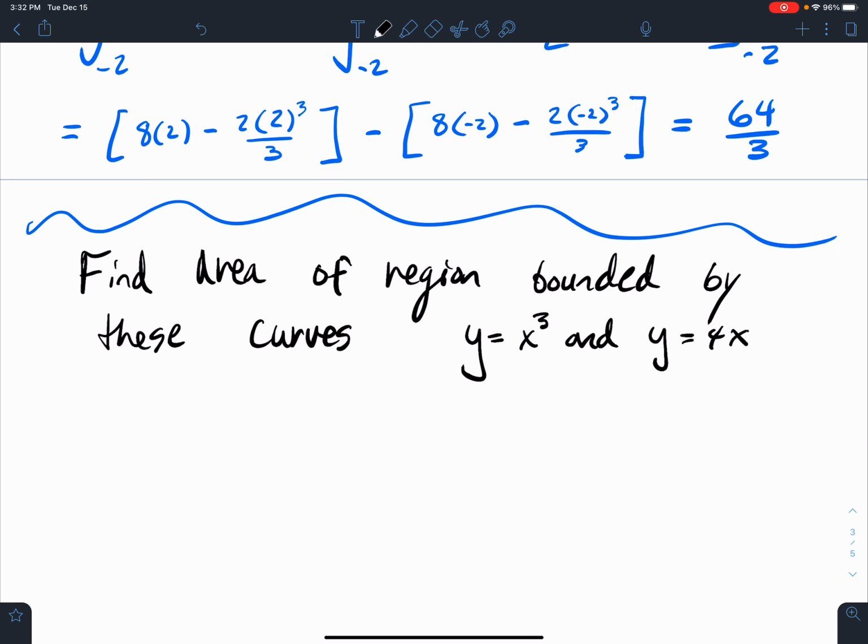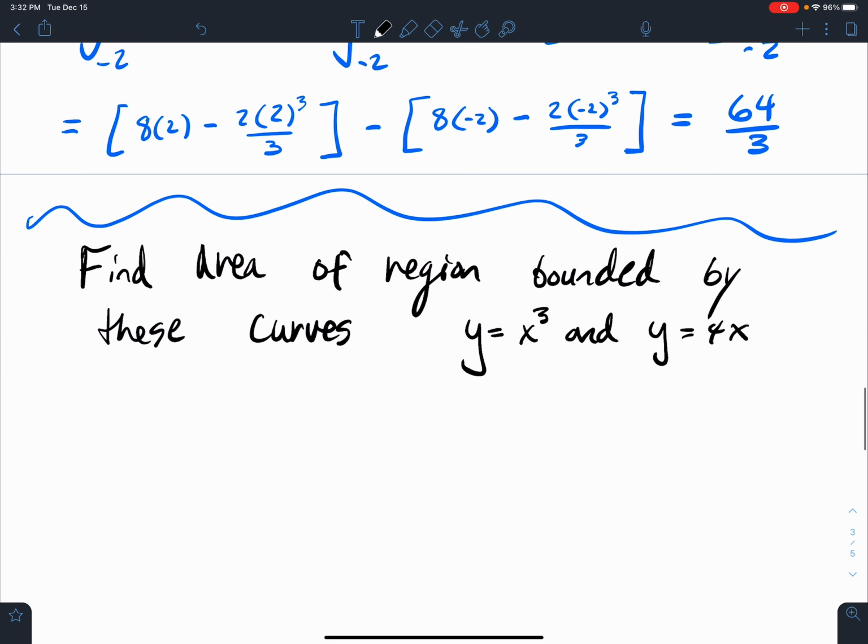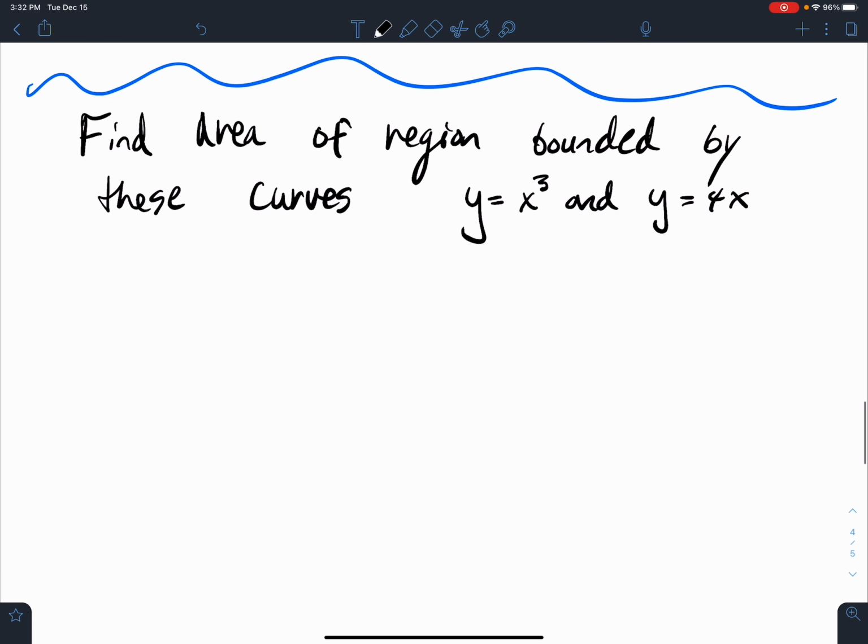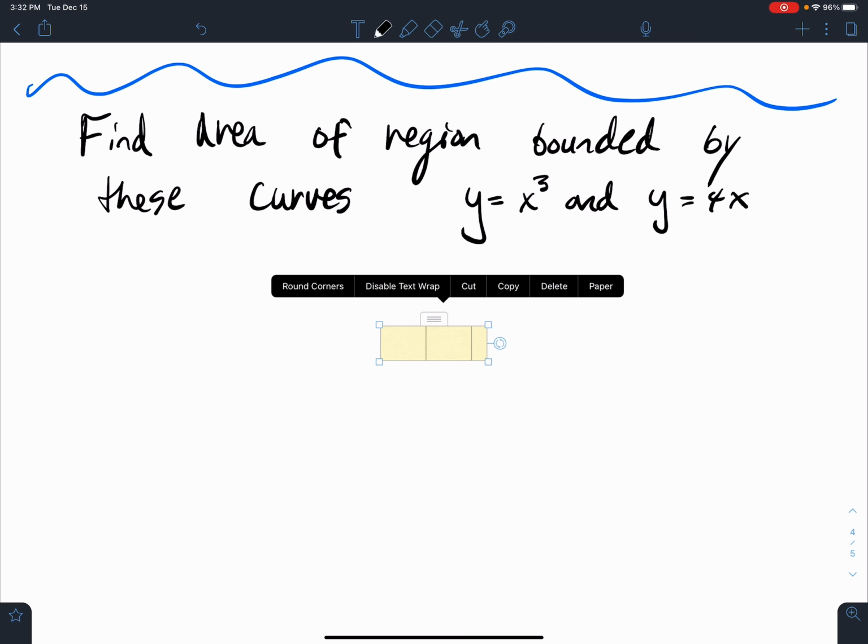Okay, so these two are the curves. First thing I want to do when I see this type of problem is I'm thinking I need to add in a graph. So I'm going to graph.